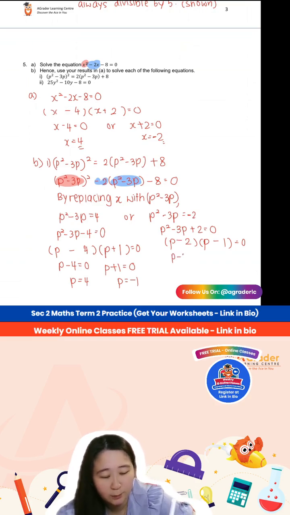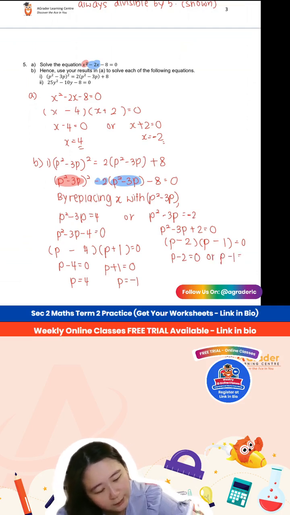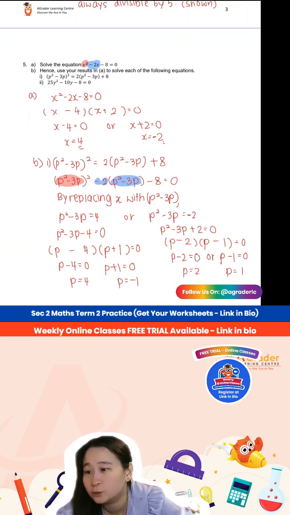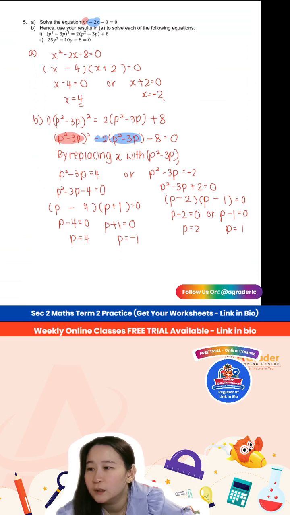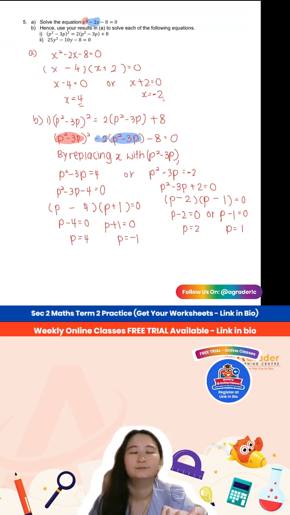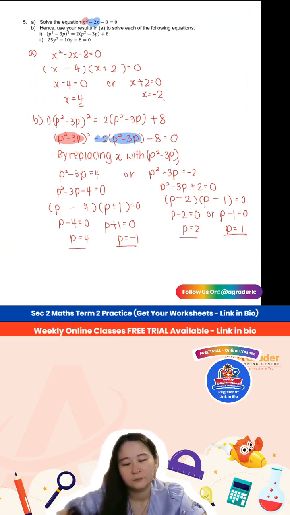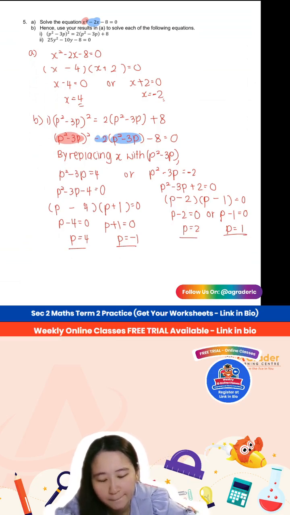Okay, so p minus 2 equals 0 or p minus 1 equals 0. P equals 2 or p equals 1. So you can see here that you actually have 4 values of p.